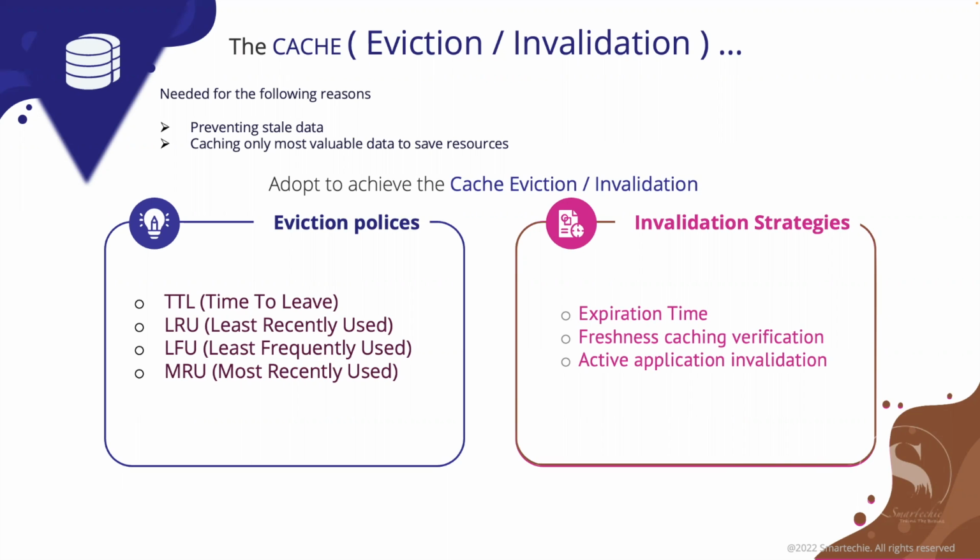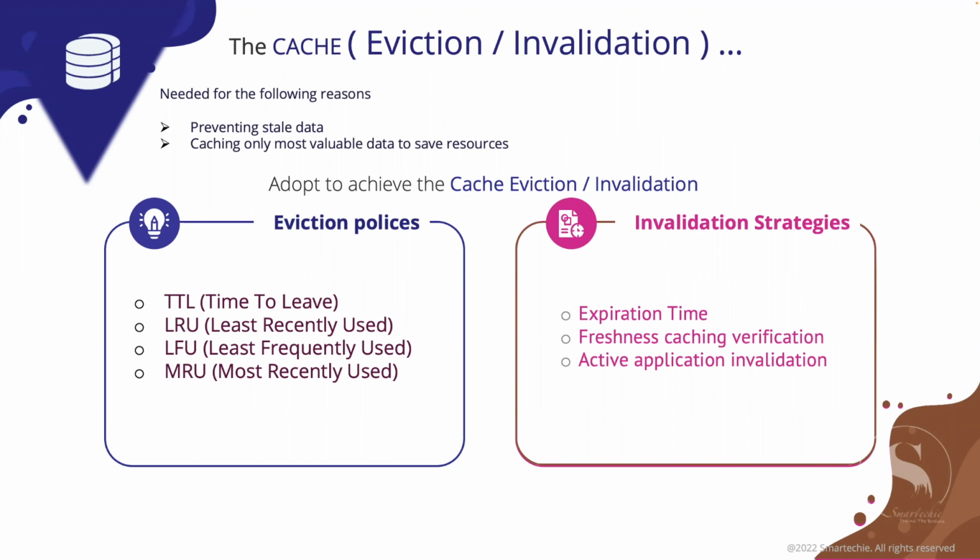Now, the most common strategies for cache invalidation. As we said, there are different policies, and we already talked about those. So what are the most common strategies to invalidate the cache? One is expiration time, where the application knows how long the data will be valid.